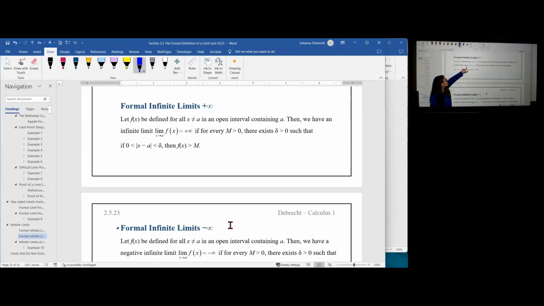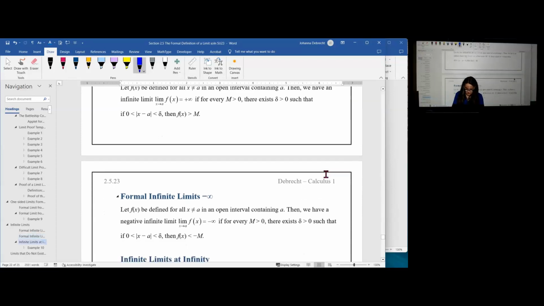The limit as x approaches A of f of x is positive infinity, if for every m, ginormous number you choose, greater than 0, there exists a delta greater than 0, such that, and this is the same, 0 less than the magnitude of x minus A is less than delta, the y value tops that m value. F of x is greater than m.